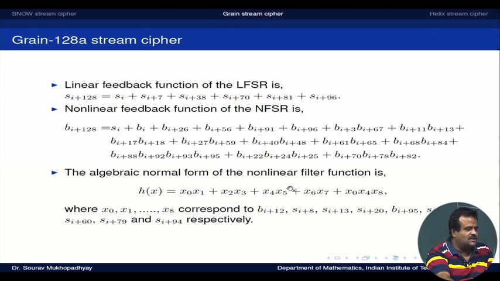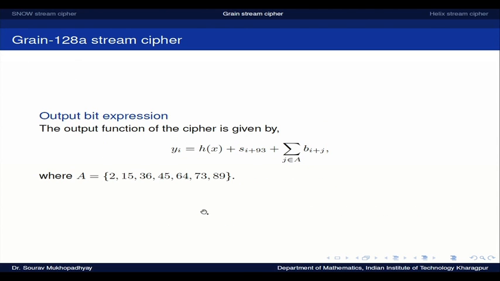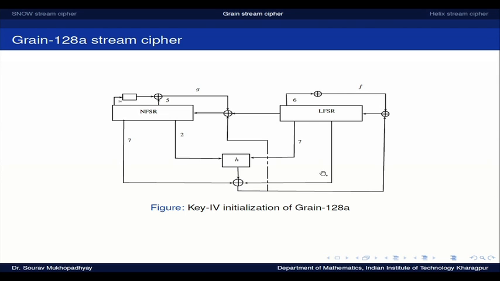So the function is like this. We have x2 and these other bits, and this is our H function. This is the state update function for the LFSR, and this is the state update function for the NLFSR. Okay, and the output will be like this. This is the output.